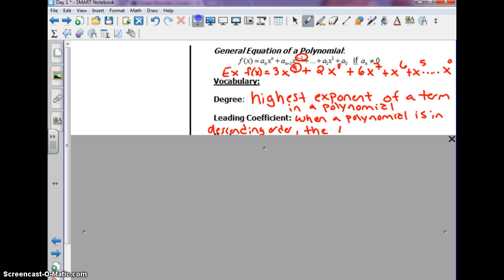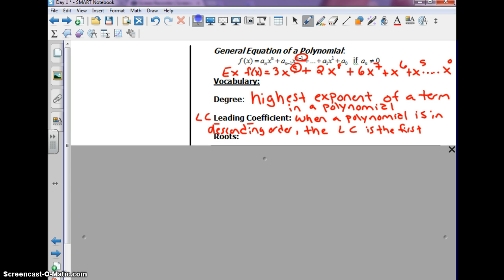So I'm going to say the LC for leading coefficient, okay? The LC, leading coefficient, is the first coefficient. So in my example, up above, my leading coefficient was 3. That was my leading coefficient.